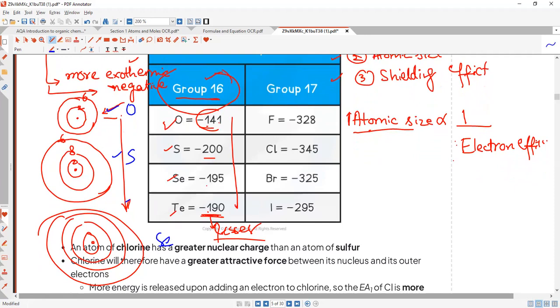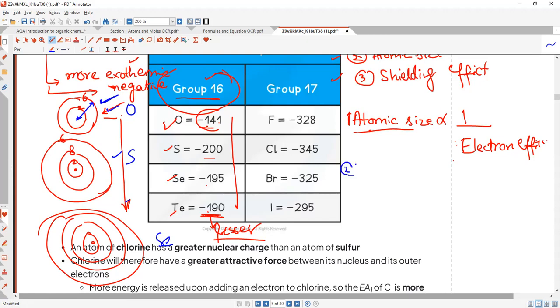Which one has the highest nuclear charge? Yes, the first one has the strongest. Very good. That's correct. The first one, because the distance between the nucleus and outermost shell is the smallest in this one, so obviously it will have a larger nuclear charge.